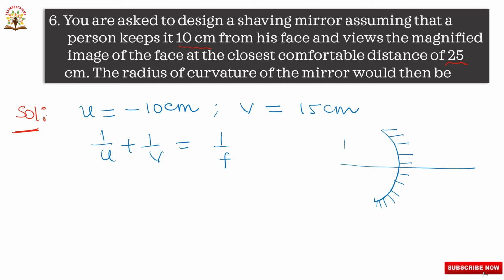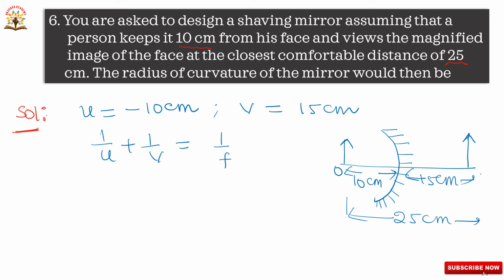Now we are placing the object here at a distance of 10 centimeters, and here the image falls on this. Here this distance is 15 centimeters. The total distance from here to here is 25 centimeters. This is the image place.